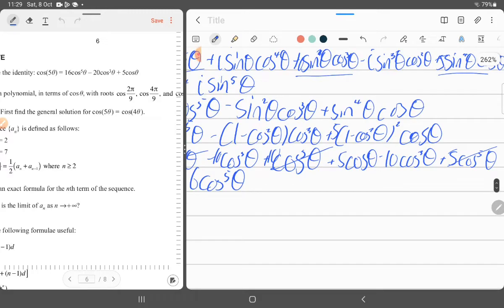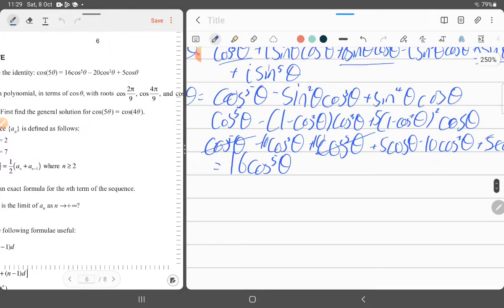So minus 20 cosine cubed theta plus 5 cosine theta. Phew.